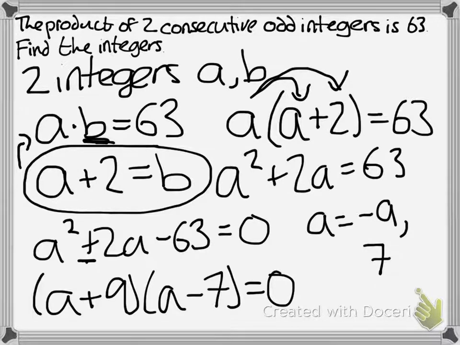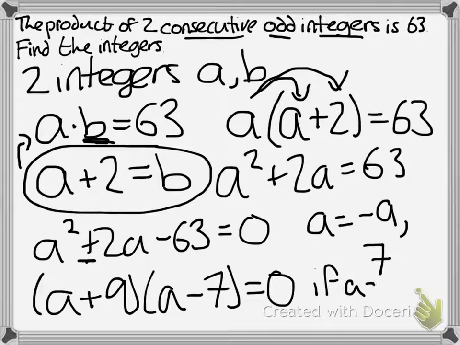It didn't technically say that these had to be positive, so both of these are rational choices. It didn't say that these were consecutive positive odd integers, just that they're consecutive odd integers. So A could be negative 9, it could be 7.